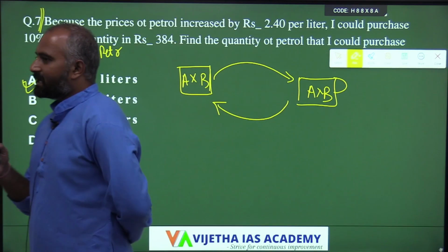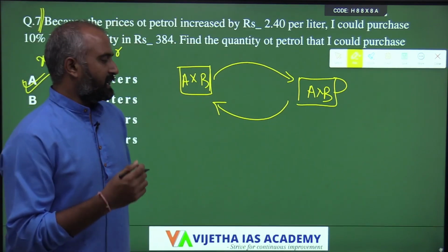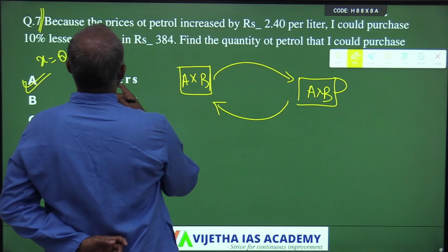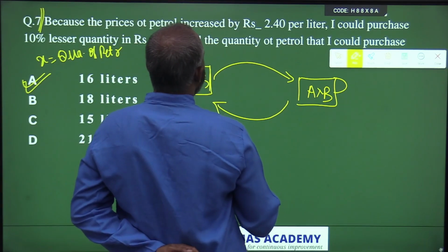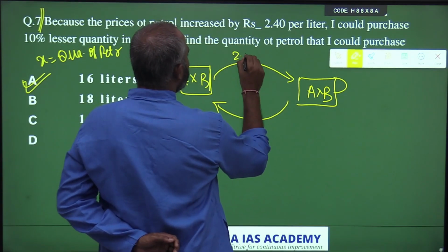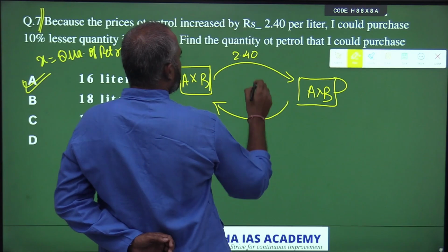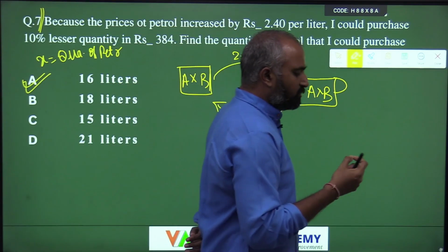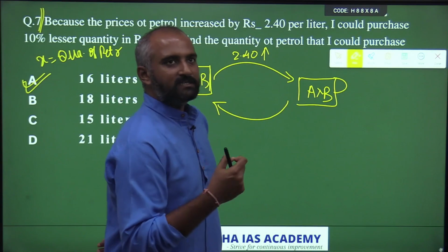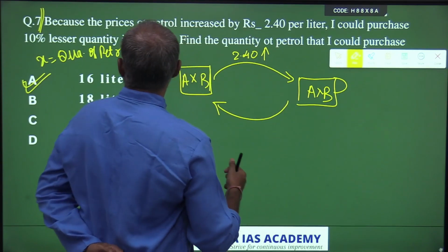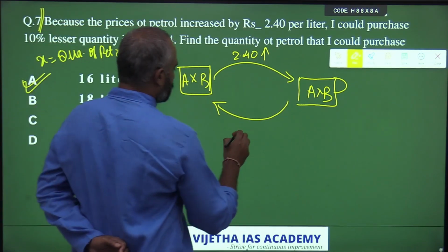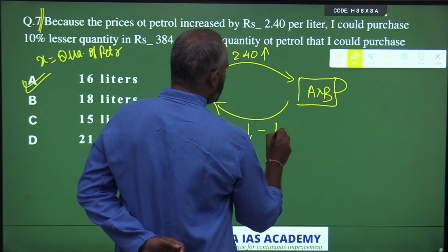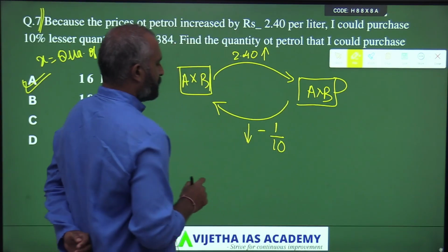The expenditure has remained constant, but the price has increased by 2.40 per liter. The increase in price had to reduce the consumption by 10%, that is 1 by 10. I hope this is clear.